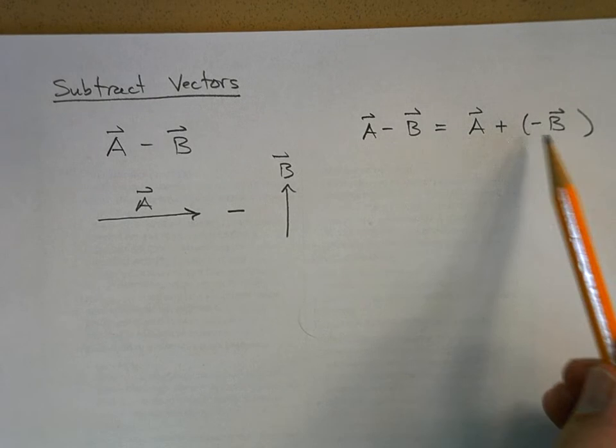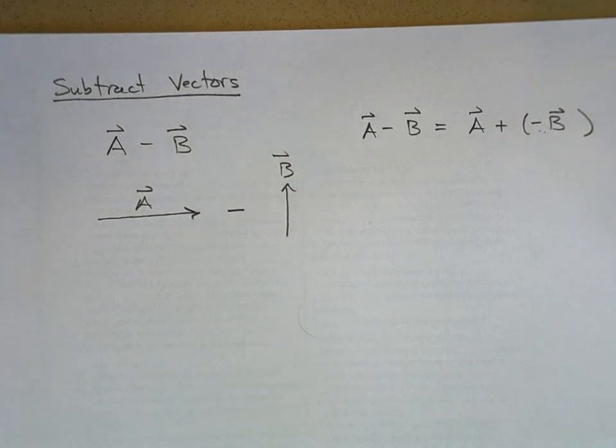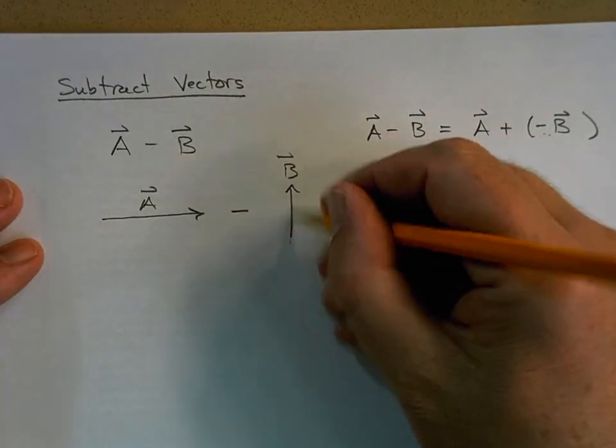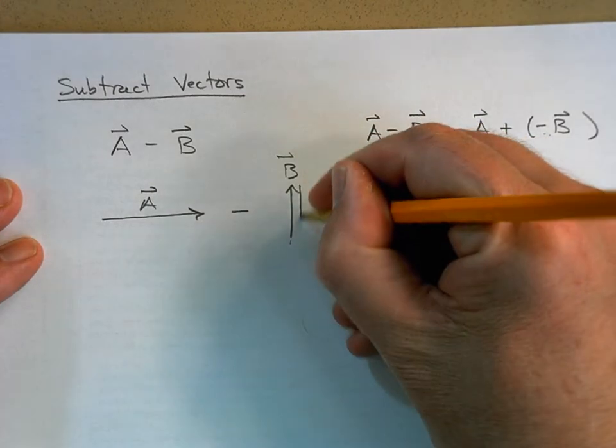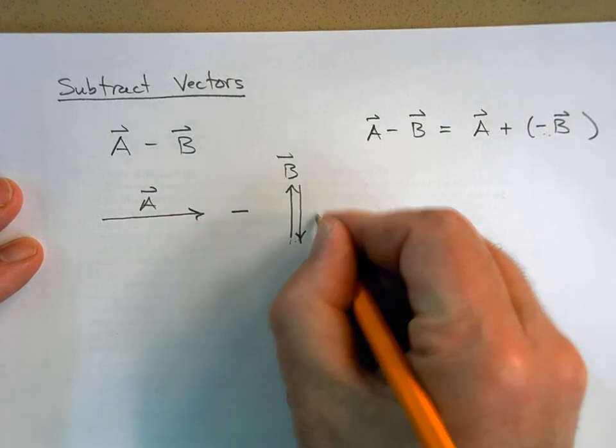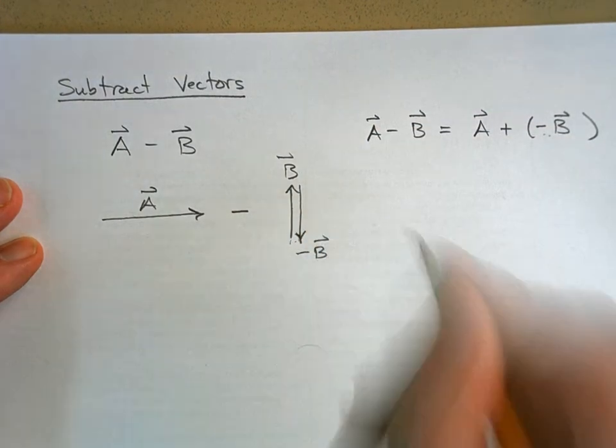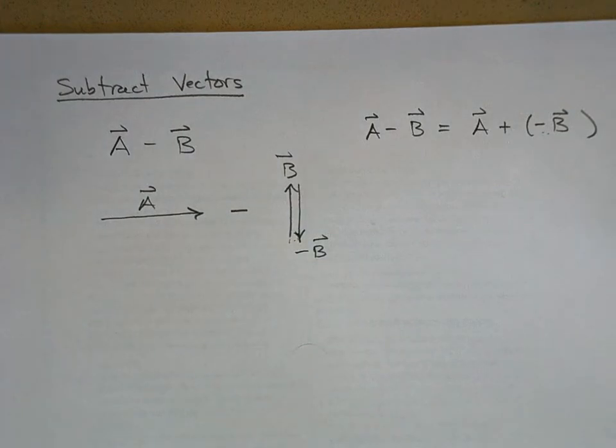Now, what is negative B? Negative B is a vector that is the same magnitude but the opposite direction. So if this is B, this would be negative B. As you know, just sketching it.